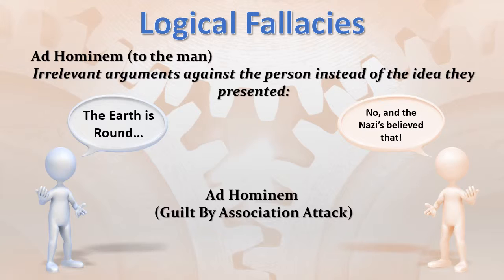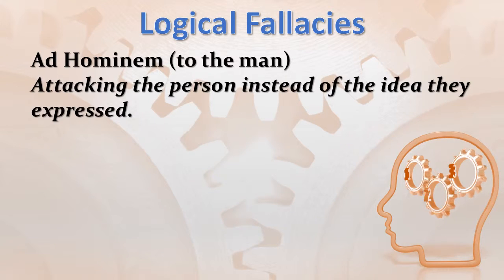Joe's various claims were irrelevant to the discussion of whether the earth is round or not, and that makes them logical fallacies. All of these errors in thinking are called ad hominem fallacies because they don't address whether a particular claim is true or false. Instead, they attack the person making the claim.